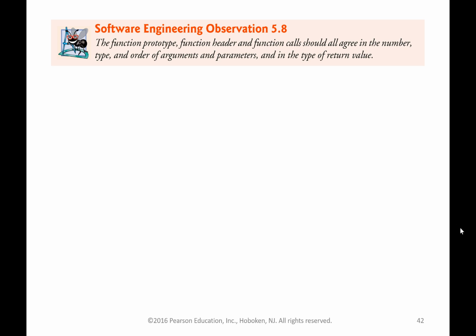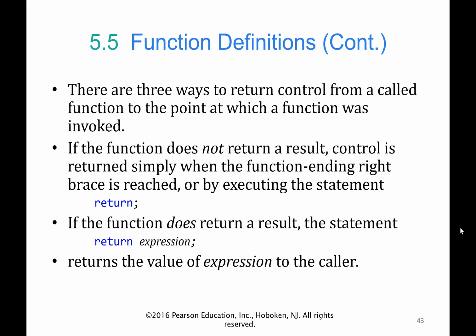The prototype, which is what he calls what's at the top of the program, the first line of the function definition or the function header, and the calls all have to match.